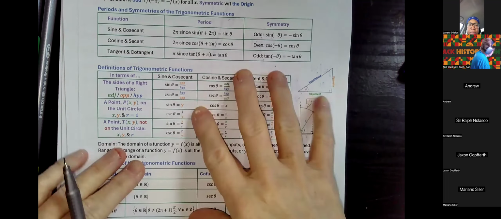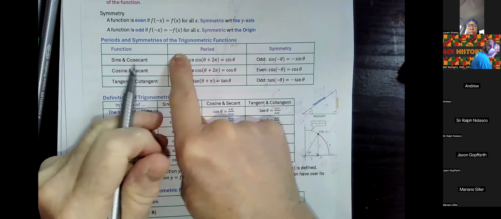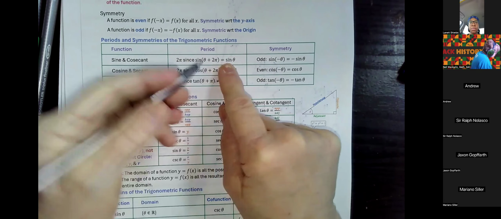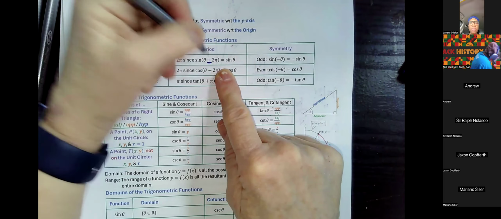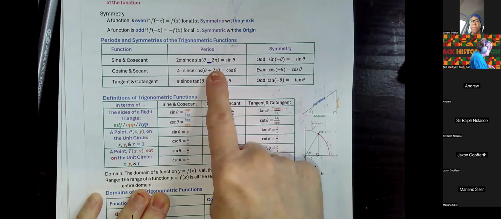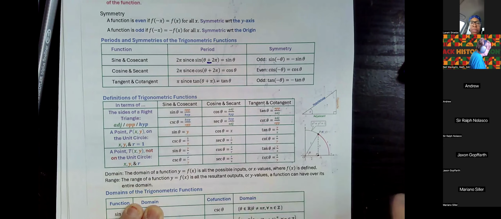So here's the sine. The period of sine is 2 pi, and that means we can add or subtract 2 pi, 4 pi, as many pi's as we want, as long as it's even, and we get to the same value.